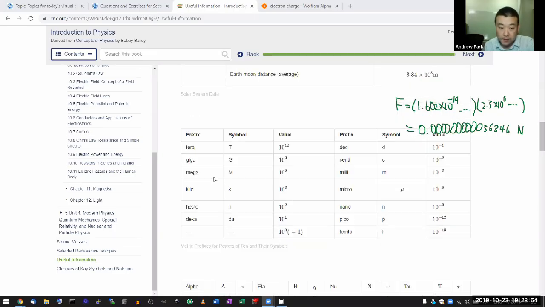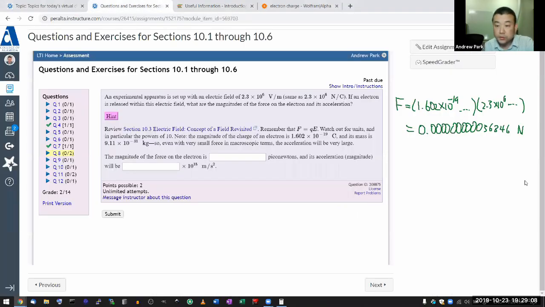And one of the tables is the metric prefixes. So it has all these, and there it is, pico. Pico means 10 to the power of minus 12. So I need to convert this number, which is in units of newtons, into piconewtons.